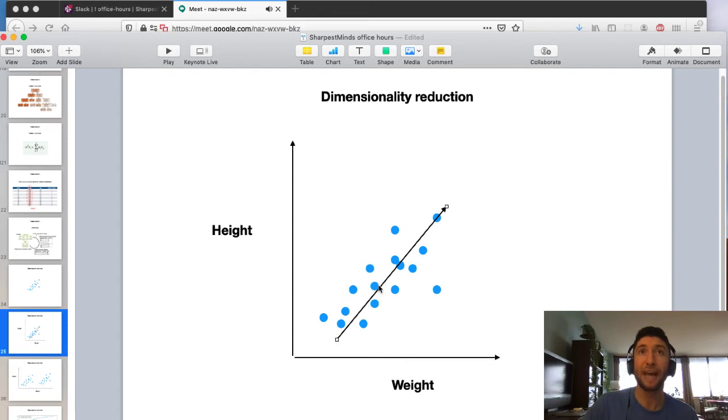So what's happening every time you reduce the dimensionality is you're blending all your fundamental features together to create these weird new features that are not just height, not just weight, not just age, not just income, but some weird combination like 0.1 times height plus 0.3 times weight plus 0.6 times something else.